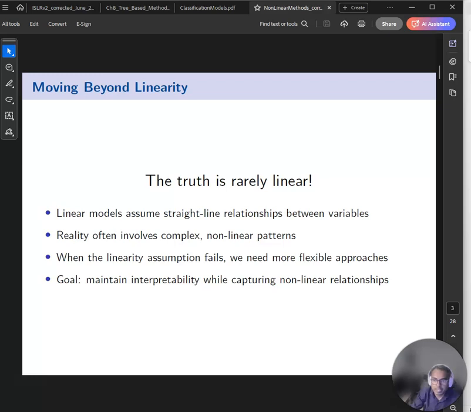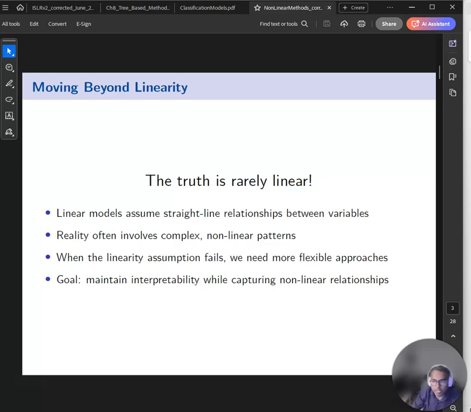But the reality is messy, complex, and often curved. When we plot real data, we frequently see patterns that bend, curve, or change directions. Think about things like diminishing returns in economics, or threshold effects in medicine, or seasonal patterns in time series data. None of these follow straight lines.